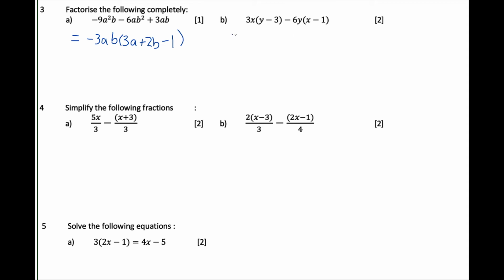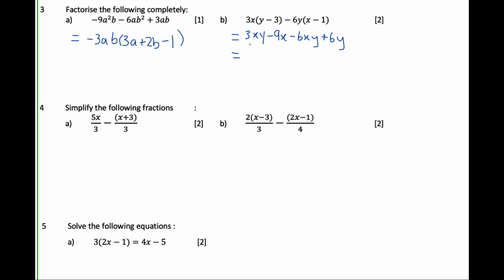In the second example, if we have an expression like this, the first thing to do is to open up all the brackets. So we have 3xy, minus 3 times 3 is minus 9x, minus 6y times x is minus 6xy, and minus times minus is plus. 6y times 1 is 6y.